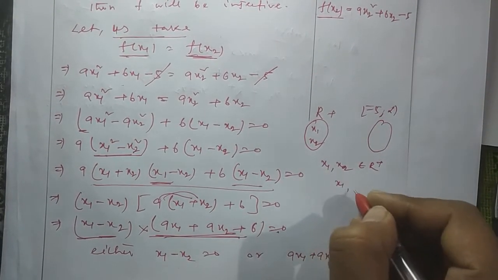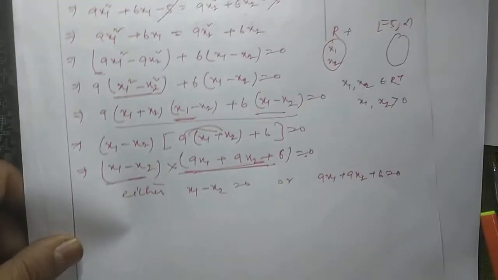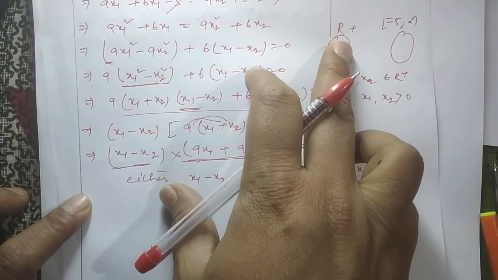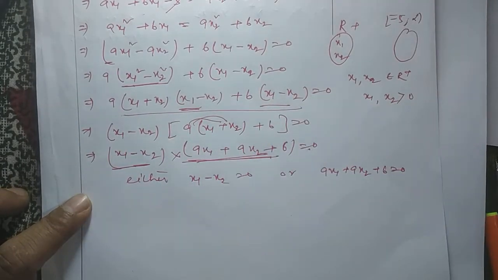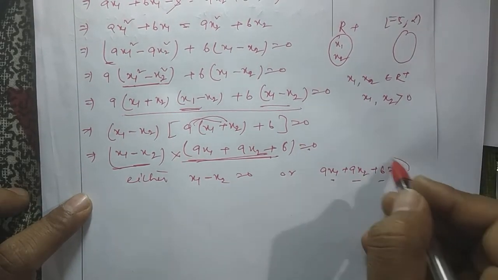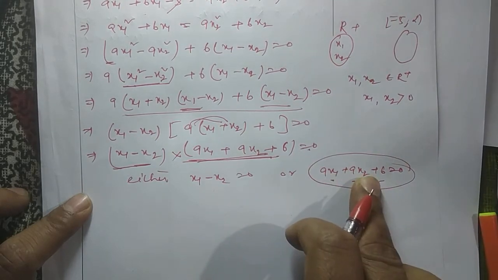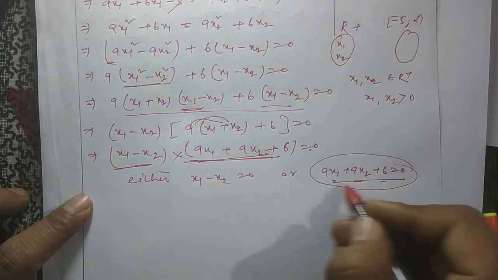That means x1, x2 are all positive. Since x1, x2 are positive, 9x1 plus 9x2 plus 6 can never be 0.